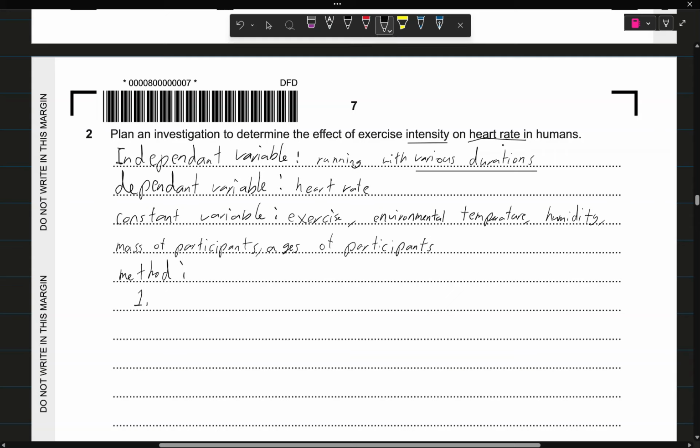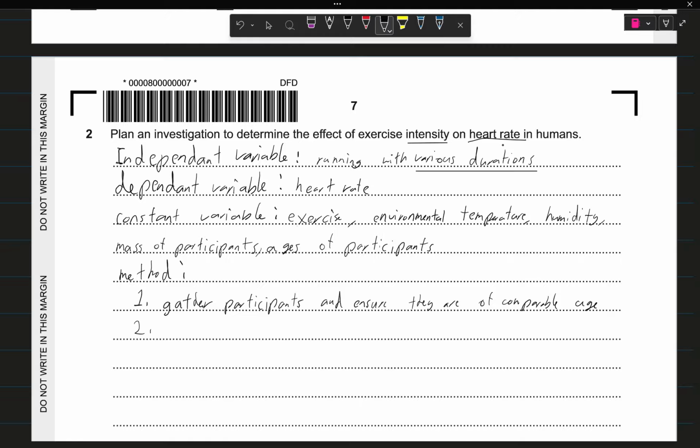So basically here, you gather participants and ensure they are of comparable age. Basically, you try to structure the method like a procedure book.